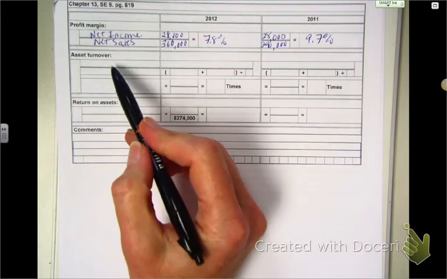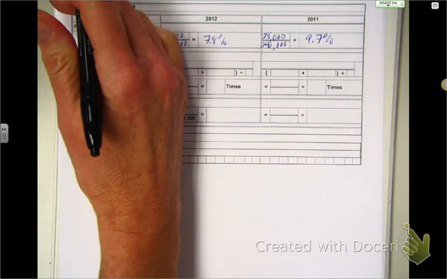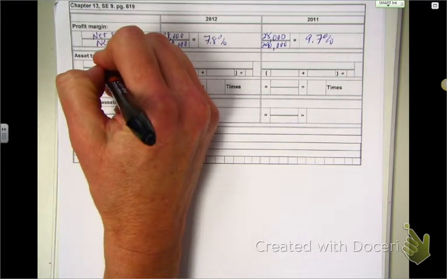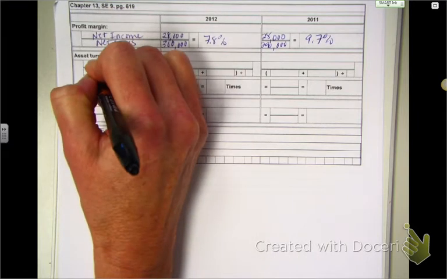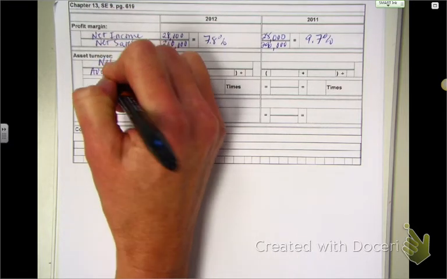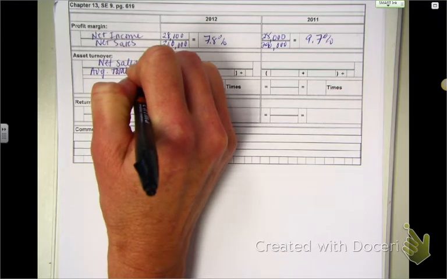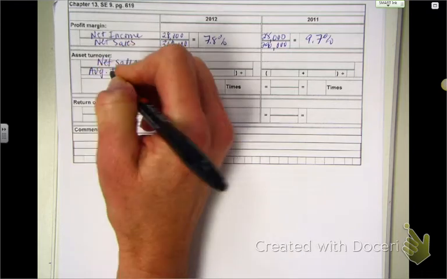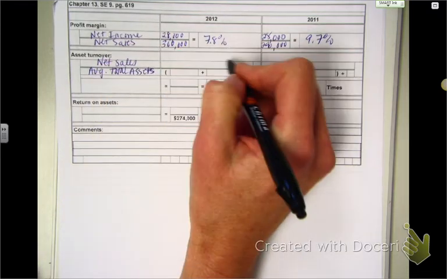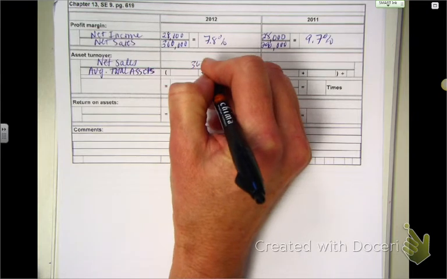Next, let's look at our asset turnover ratio. In looking at that ratio, we know that we're going to be looking at our net sales over our average total assets. Again, our net sales for 2012 were $360,000.